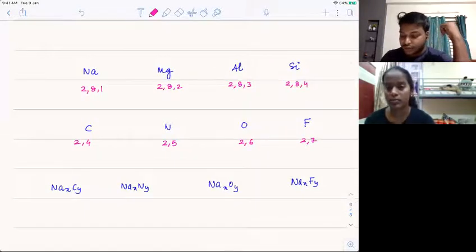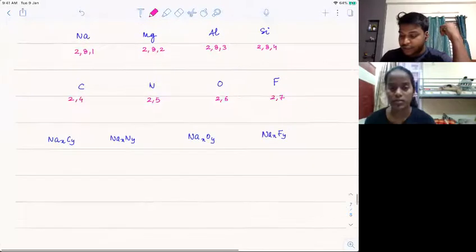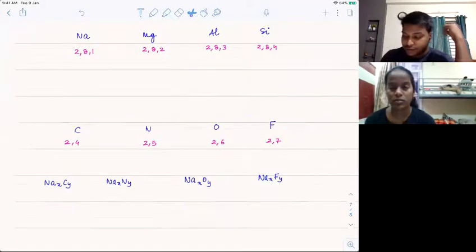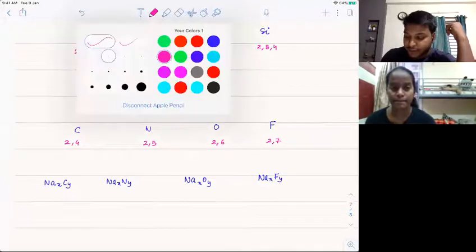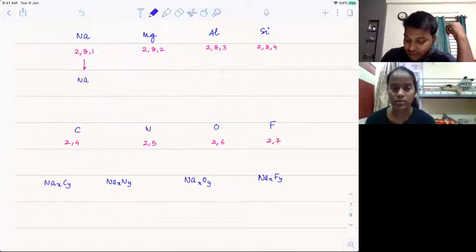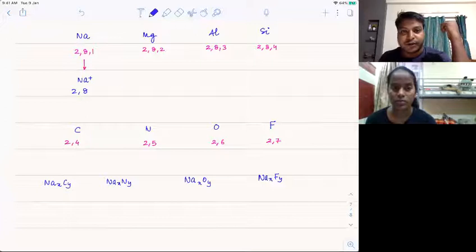If sodium has to complete the octet, what should it do? Sodium should become Na plus. If it becomes Na plus, the configuration will be 2,8 because it will lose one electron.